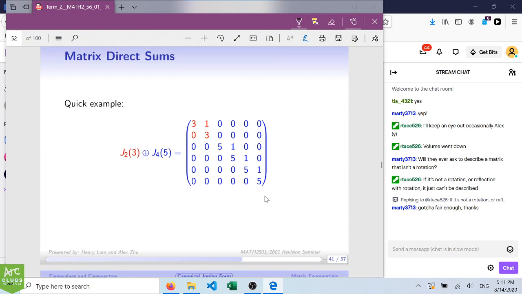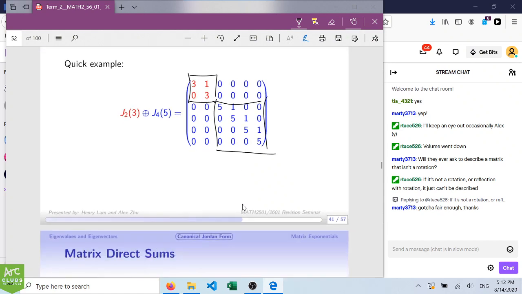If you look at the direct sum of this block J2(3), you'll have a block of size 2 with eigenvalues 3, 3, composed with a block of size 4 with eigenvalues 5, 5, and 5. And that whole thing is the direct sum.